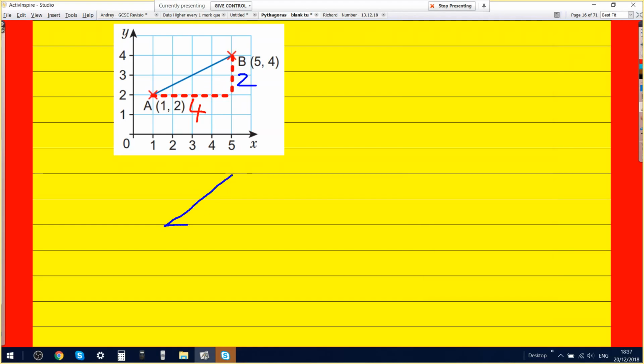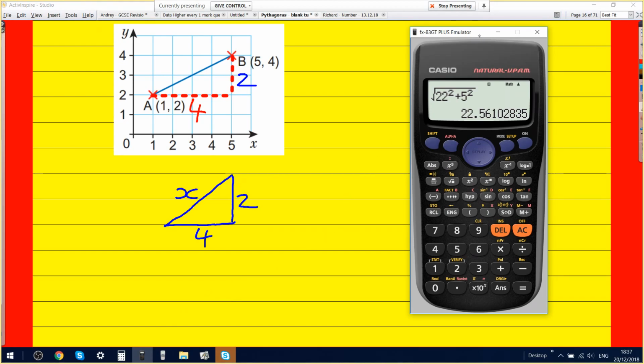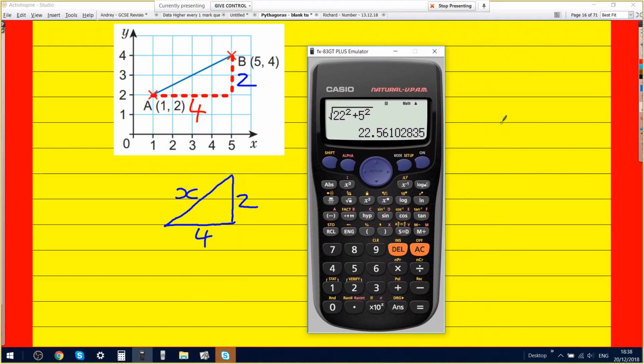So it's just like any other triangle. And so how would you find the x? You add 4 and 2 together.